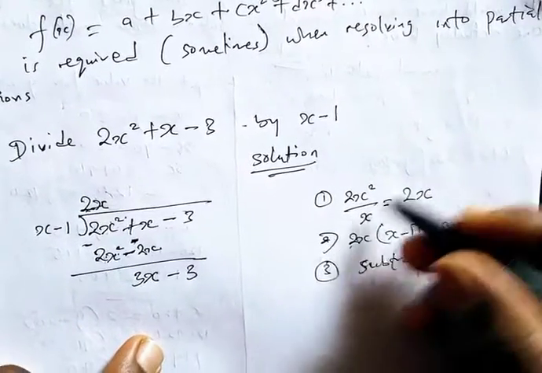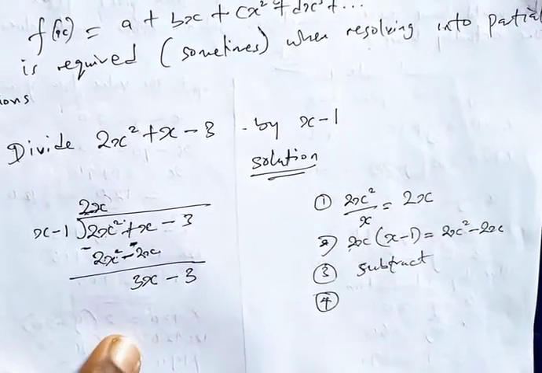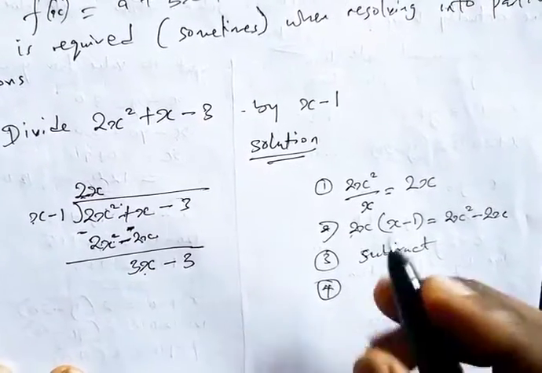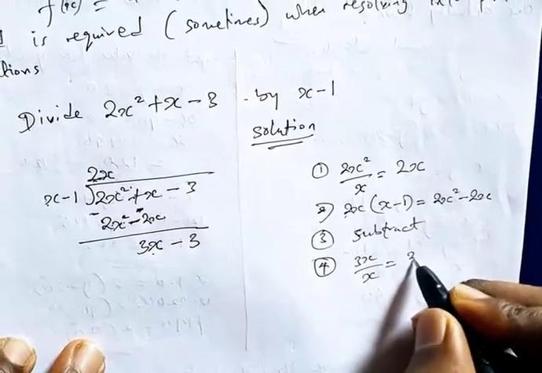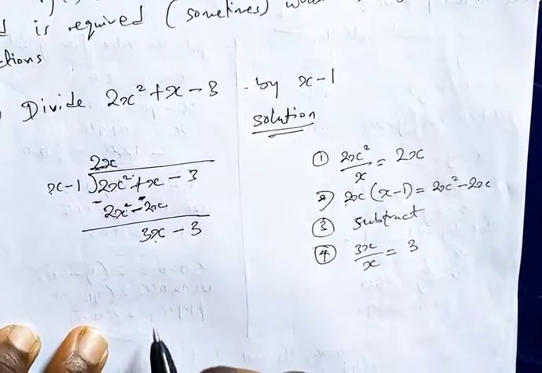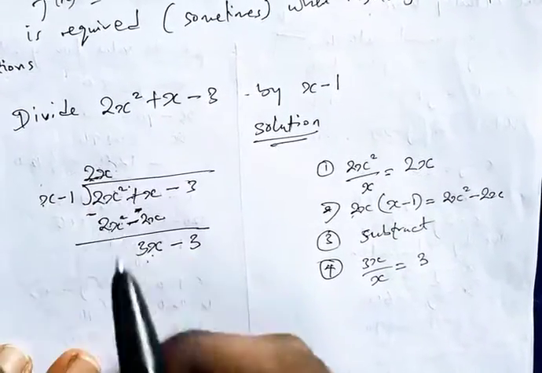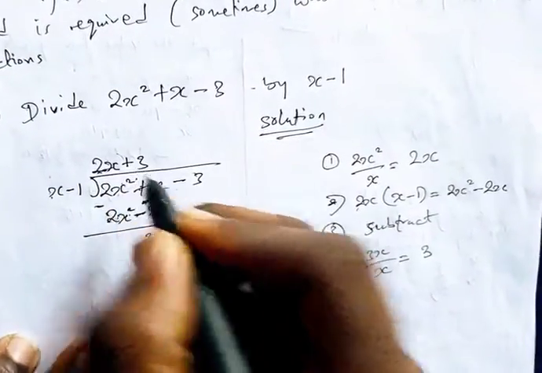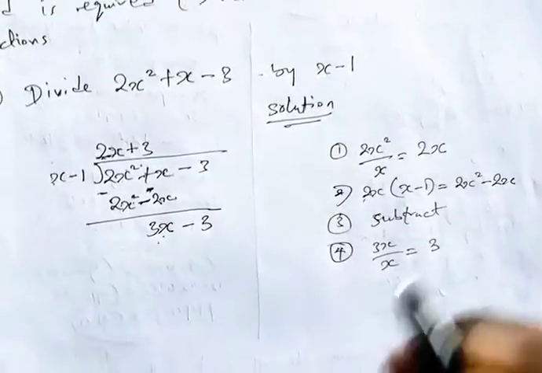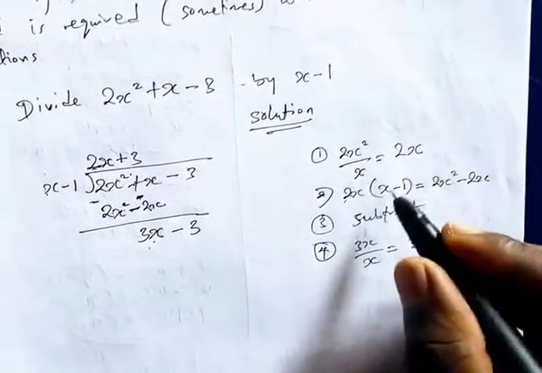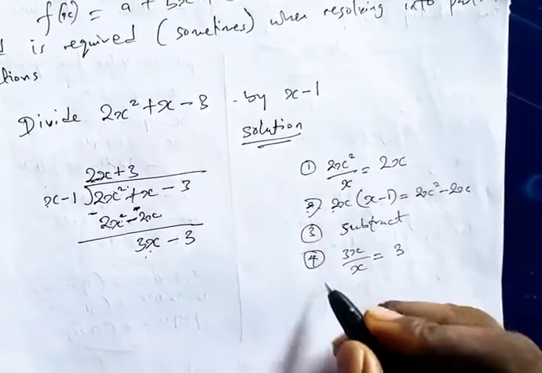Then we continue this again, which is the fourth step. X can go in 3x, yes. 3x divided by x will give me 3. Now we add that here, plus 3. So we multiply again, just as we did in this second step.